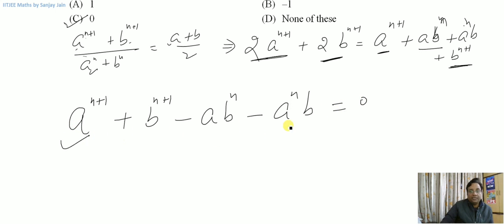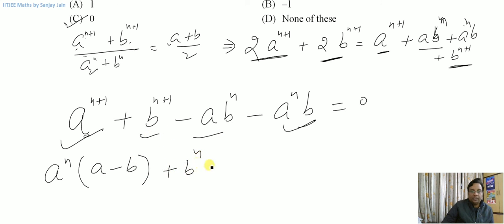So from this and this, I can take a raised to power n common, and I'll have a from it and b from there, so a minus b. And from these two, I can take b raised to power n as common, so I'll have a minus b inside, and it is equal to 0. So this will give me a minus b.